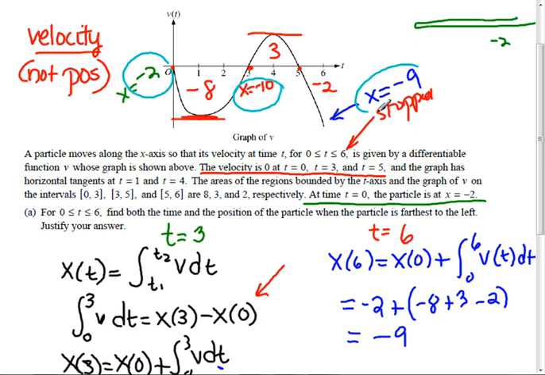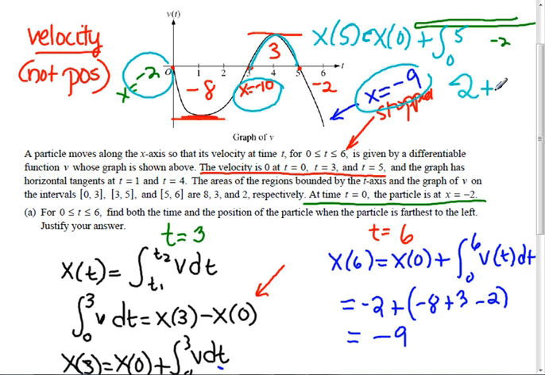Here's x equals negative 9. But what happens here? It goes to the right and it comes back. I need to know where it is there to know that. So I need to find x of 5. Well, x of 5 is x of 0 plus the integral from 0 to 5. Sorry, it's kind of messy. So it's negative 2, and what's the integral from 0 to 5?